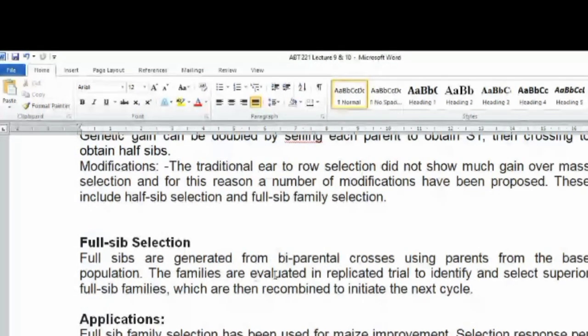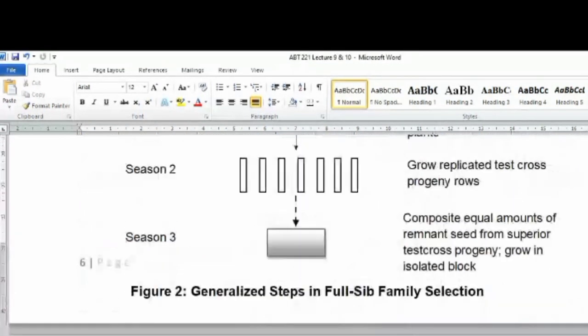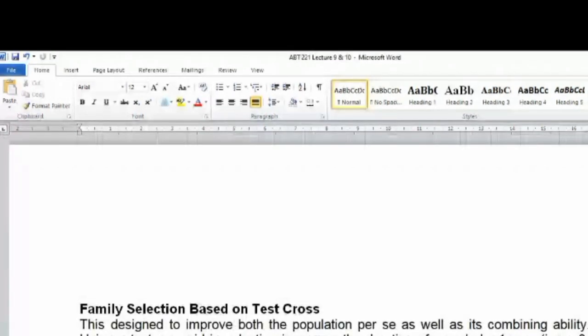The families are evaluated in repeated trials to identify and select superior full-sib families, which are then recombined to initiate the next cycle of selection. So full-sib and half-sib stories should be familiar to you and how their procedures are generally carried out.